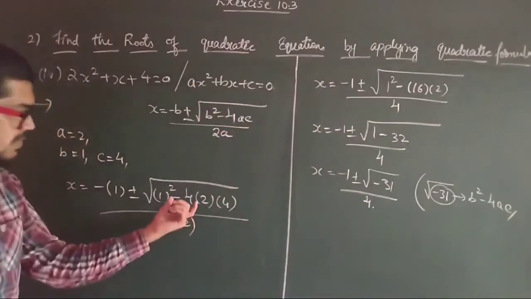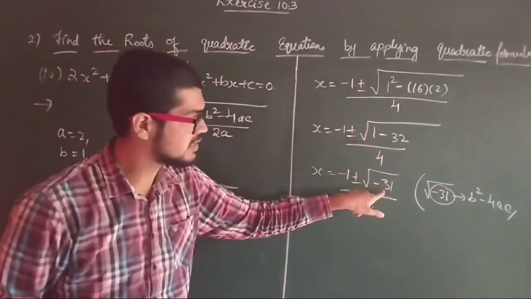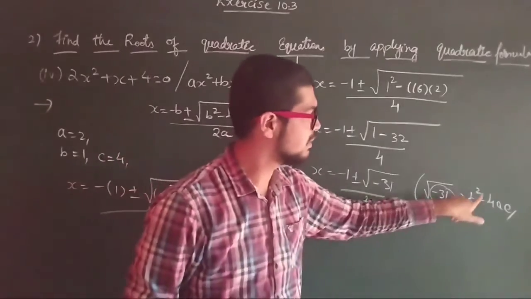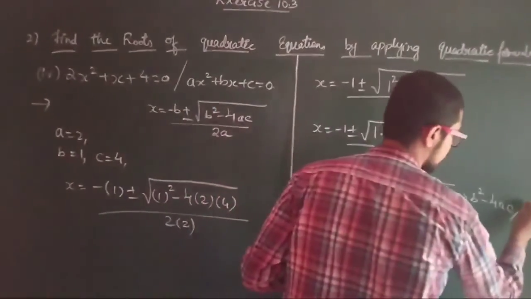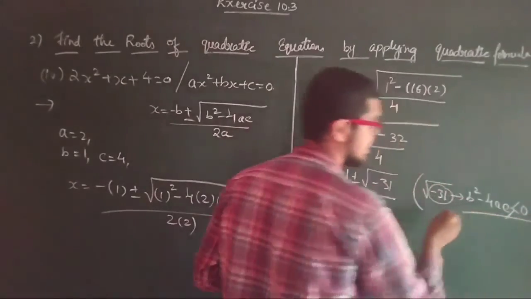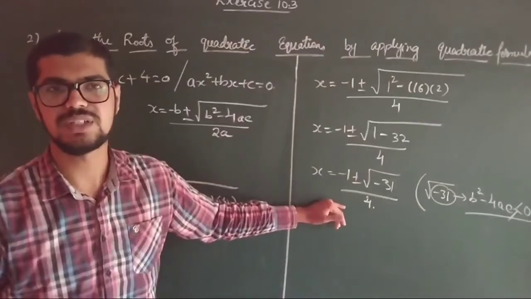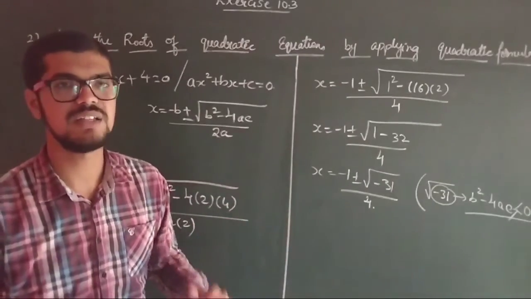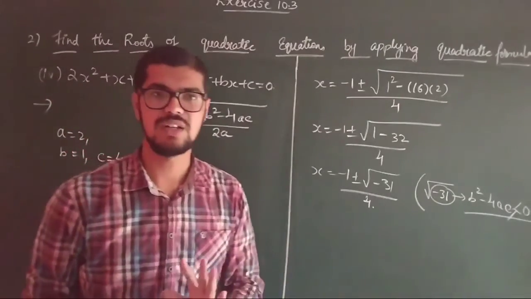Because from here, that is b square minus 4ac, I am reducing that to minus 31. Therefore, if this b square minus 4ac is less than 0, if it is less than 0, I can tell the roots of this quadratic equation does not exist, or in other words, I will tell the roots of the quadratic equation is not real.